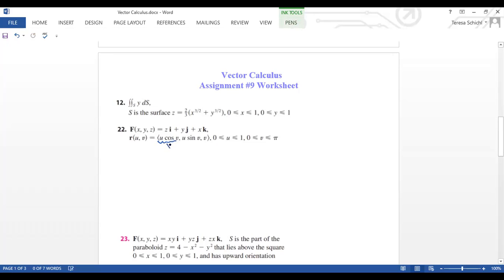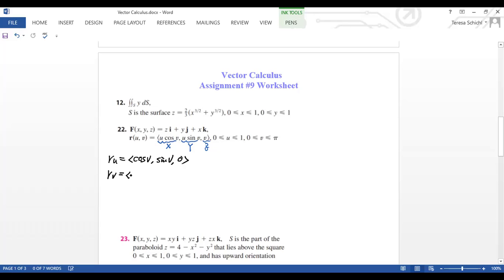This is my x value, this is my y value, this is my z value. Now let's do the same thing. We need r partial u, right? So partial u here will be cosine v, sine v, and zero.